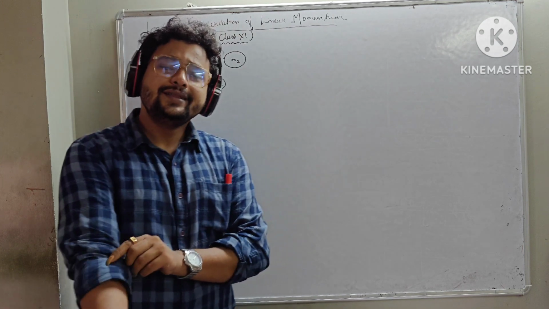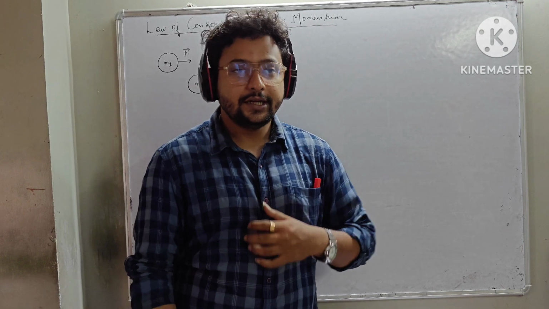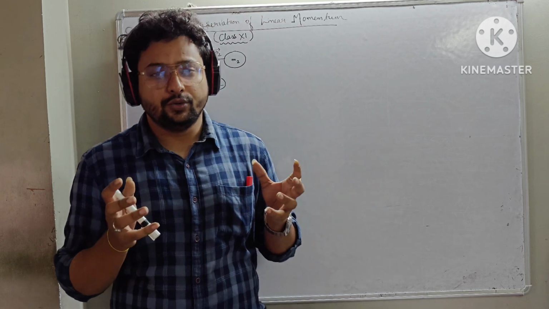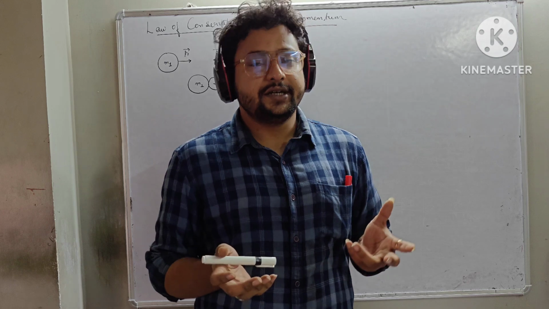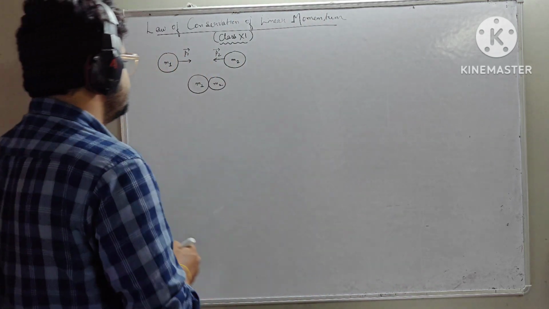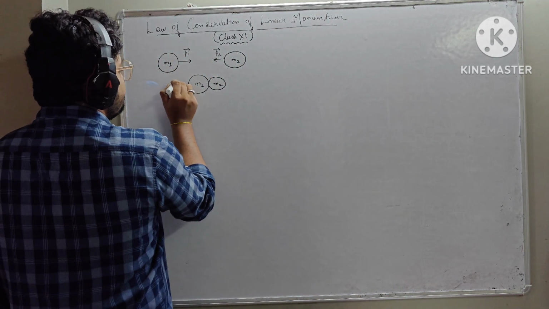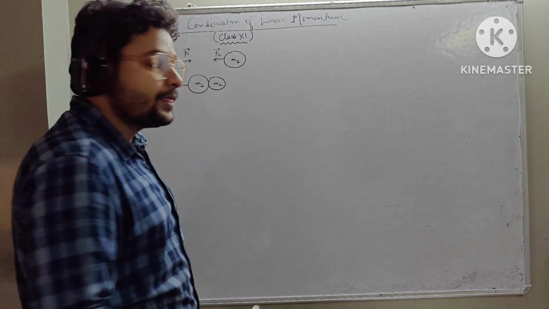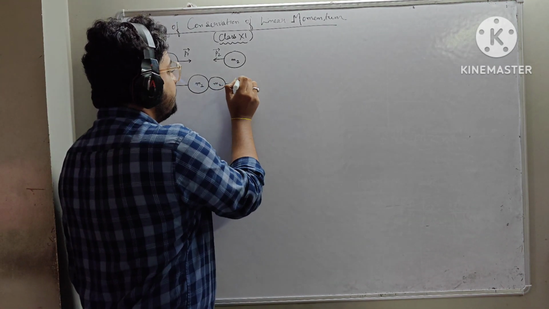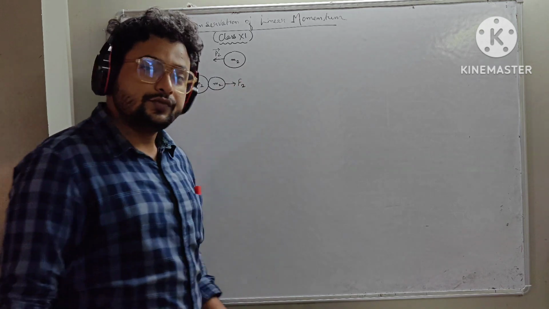When these bodies collide, a force will be exerted on both bodies. Suppose the force on m1 is f1 and the force on m2 is f2.